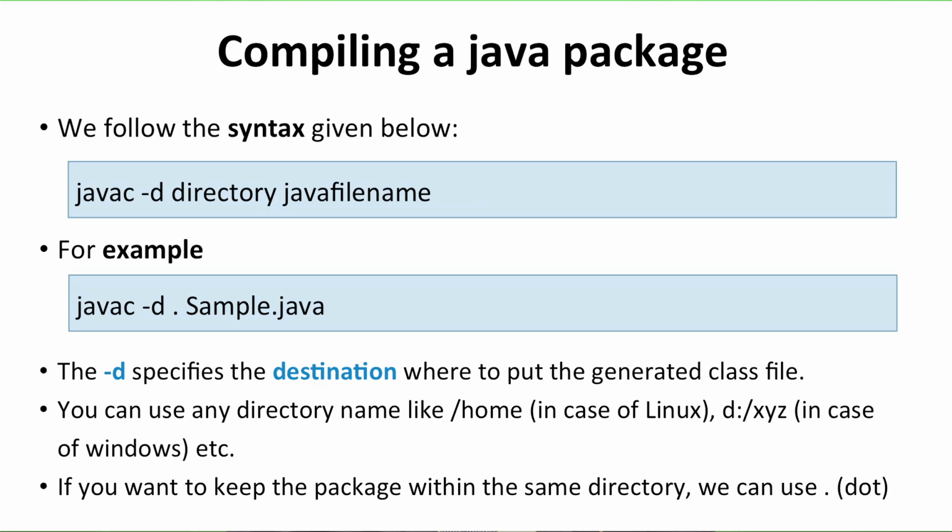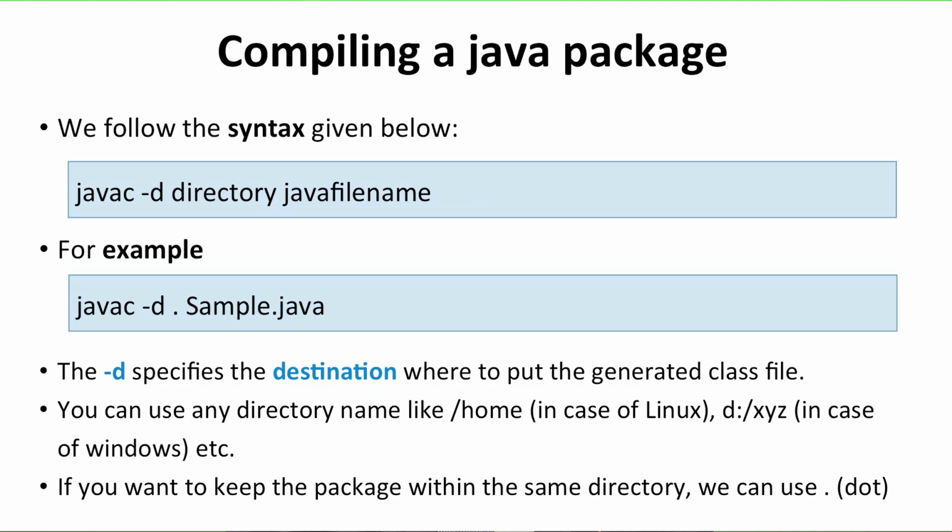I just want to explain that the -d specifies the destination where to put the generated class file. To provide the destination, you can use any directory name like home in case of Linux, and in case of Windows we can use D, and then a directory name like XYZ, ABC, etc.